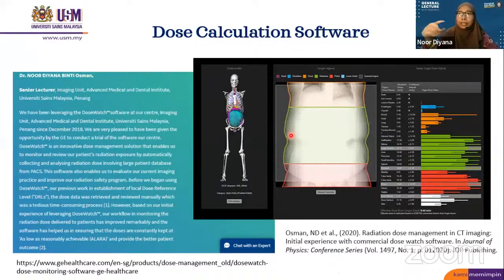Okay. So as a medical physicist, you can investigate why that particular exam produces higher dose. Is it because of the pitch? Is it because of the number of scans? So it is very helpful for medical physicists.